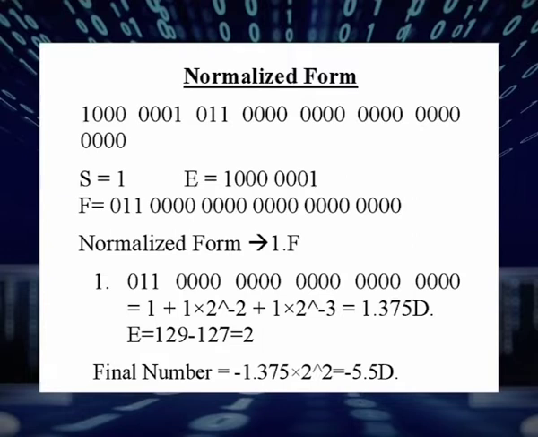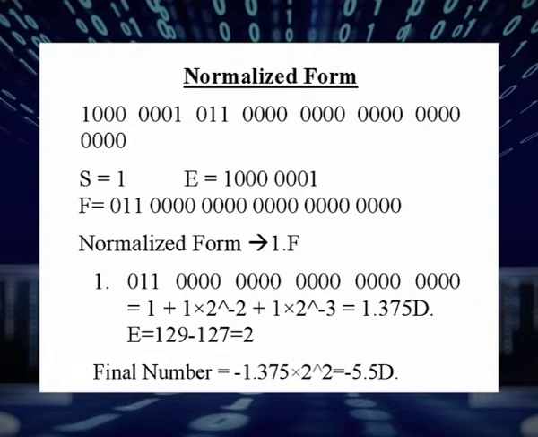In the normalized form, the actual fraction is normalized with an implicit leading 1 in the form of 1 dot f as shown. In this example, the actual fraction is 1.011 remaining bits as 0, which is equal to 1 plus 1 into 2 raised to power minus 2 plus 1 into 2 raised to power minus 3, which is equal to 1.375.